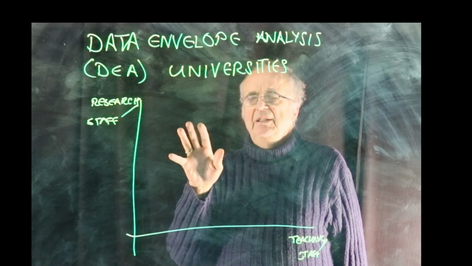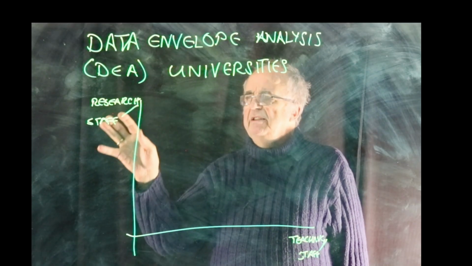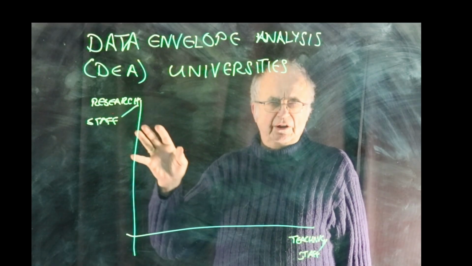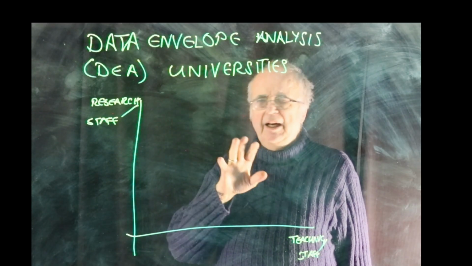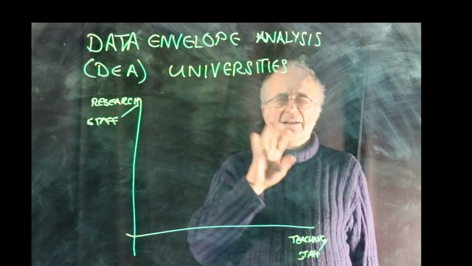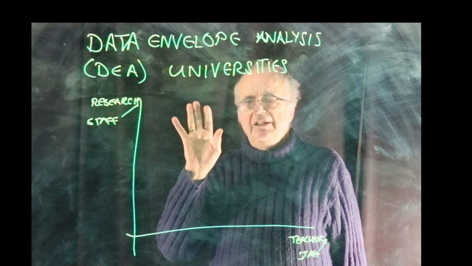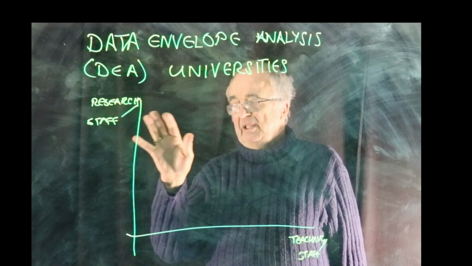What happens with league tables is they normally take a number of indicators: staff, research, student numbers, campus quality, library quality, a number of things, and simply weight them and add them together. They treat all of the variables in the same way. They allocate a weight to something and then they score whatever it is.